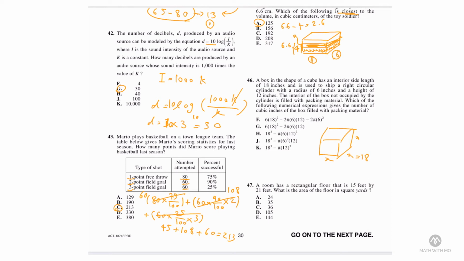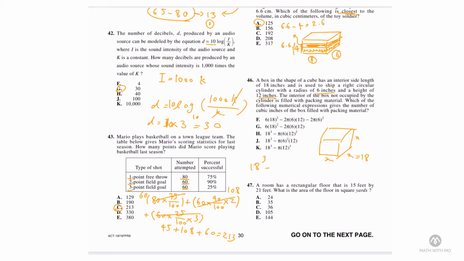All right, so basically 18 cubed is the volume of this box, but we have a cylinder in it. Radius is 6 and the height is 12. So this minus the volume of the cylinder is whatever is left, and what is left is where we have the packaging material. If you subtract them, we get the volume of the packaging material.